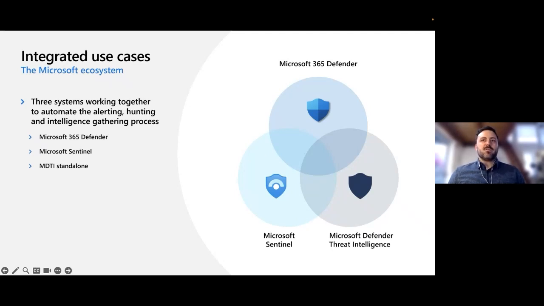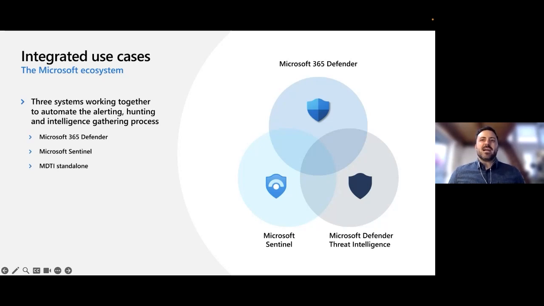This is done with several powerful automated solutions involving 3 systems working together to automate the alerting, hunting, and intelligence gathering process. First, you have Microsoft 365 Defender. An example of that, endpoint alerts and hunting using TI data from MDTI provides more context about devices connecting to, for example, potentially malicious IPs. Then you have Microsoft Sentinel.